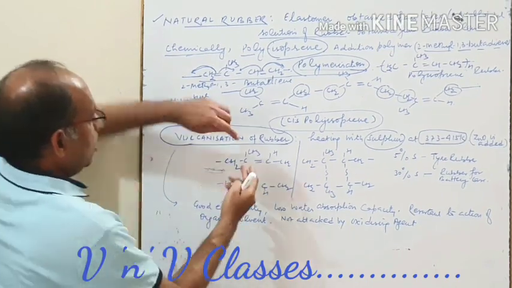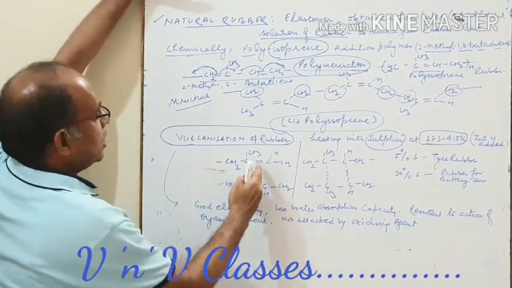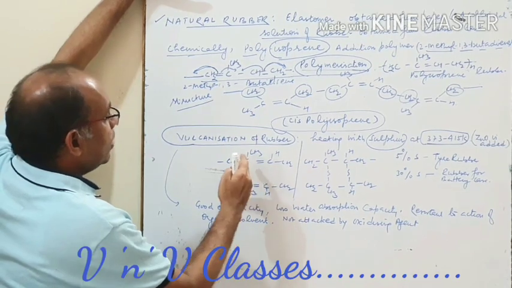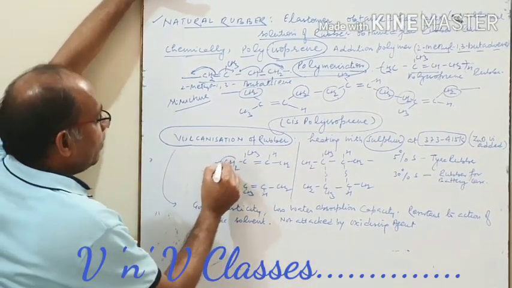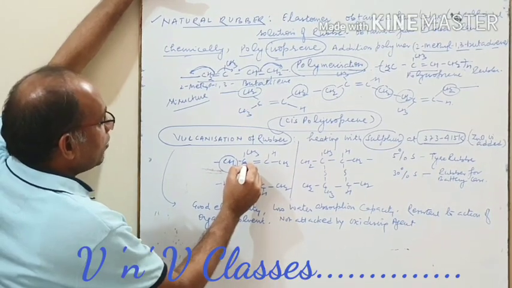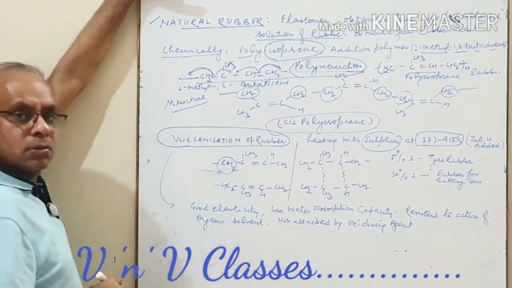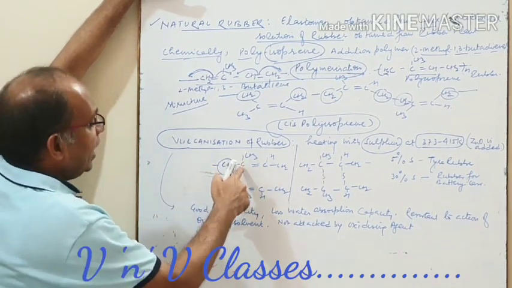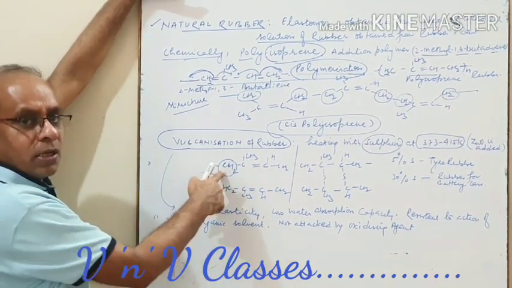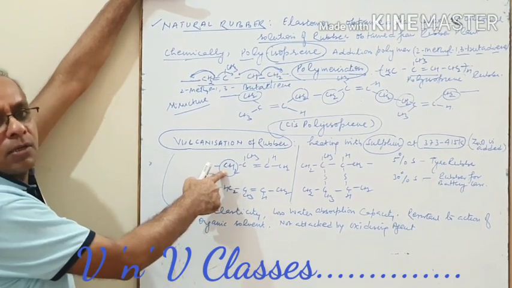My dear, remember, this is the double bond, and the carbon next to the carbon having the double bond, listen carefully, is called allylic carbon.